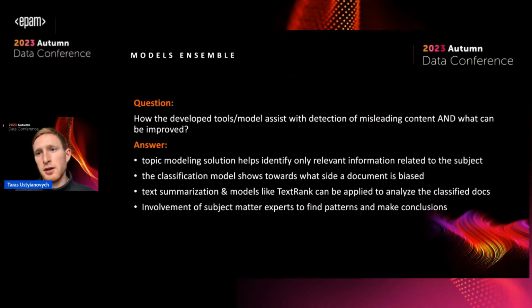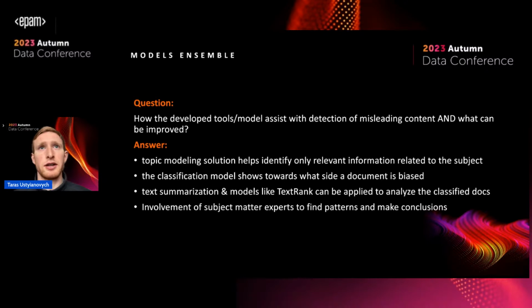And as a conclusion, here is a question. So how do the developed tools assist with misleading content detection and what can we improve? And the answer is pretty straightforward. So we use it on our real use case, and here is how it helped. First of all, we use topic modeling to find out only the most relevant pieces of information we need.